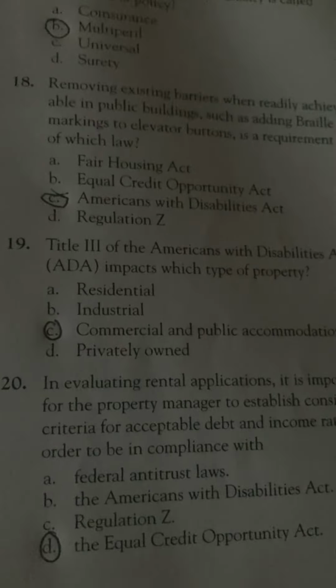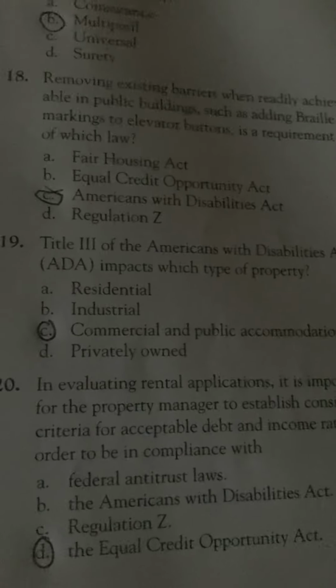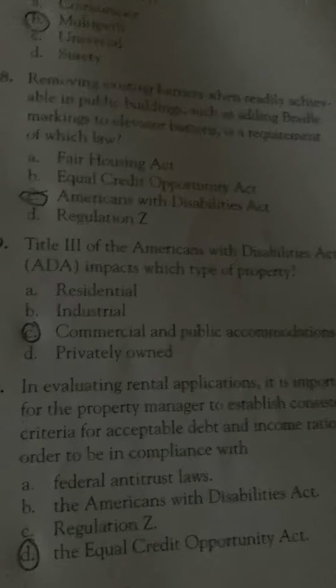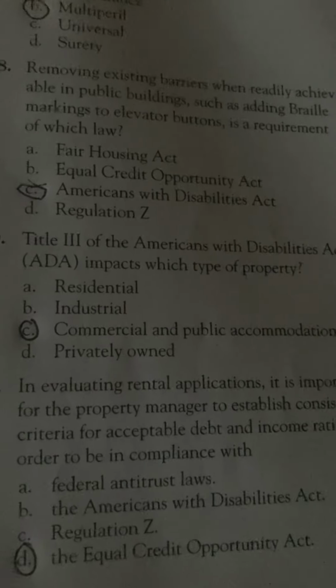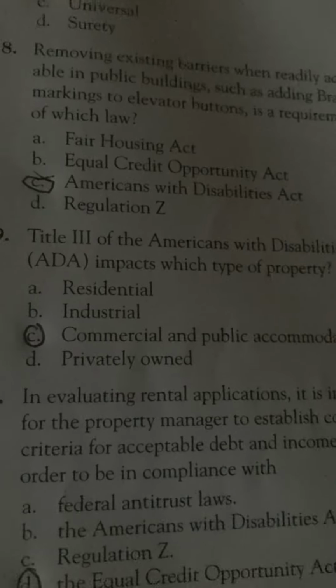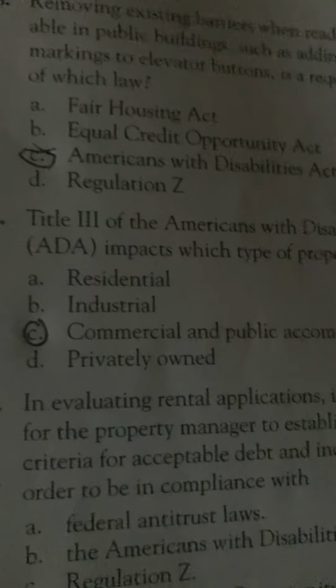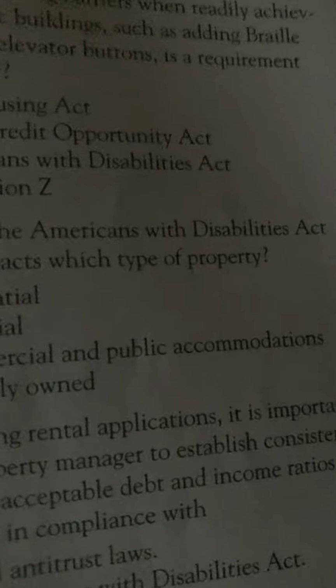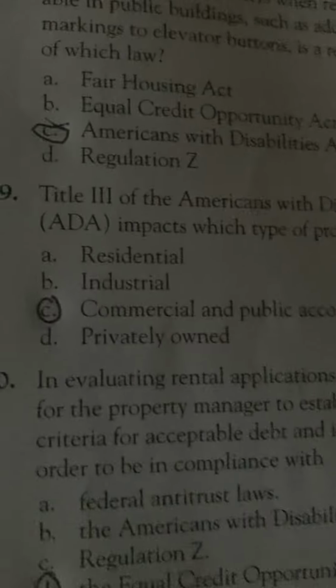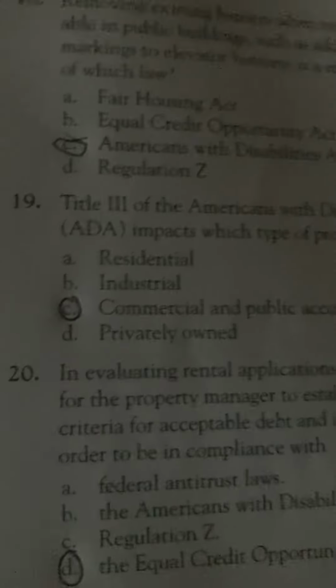Number 19. Title III of the Americans with Disabilities Act, ADA, impacts which type of property? A, residential. B, industrial. C, commercial and public accommodations. Or D, privately owned. The answer is C, commercial and public accommodations.